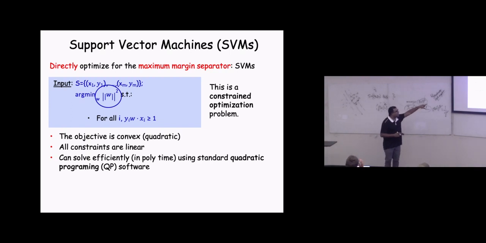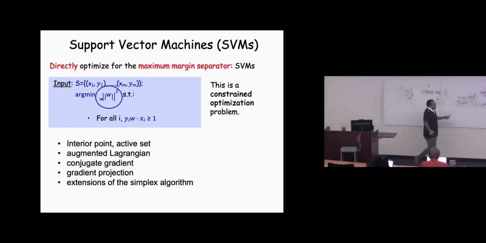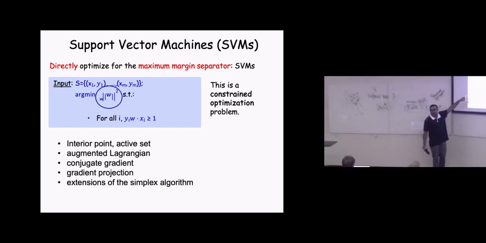Okay, all constraints are linear. That is true. And now we can solve it in polynomial time using standard quadratic programming software. What kind of techniques are we talking about? Well, maybe you don't know them and it doesn't matter because that's not the focus or the scope of this course. This course is about machine learning, and the optimization theories should be covered by the optimization literature or class.